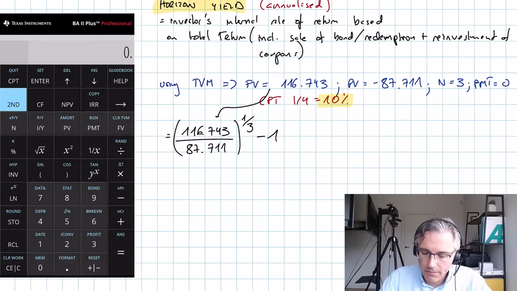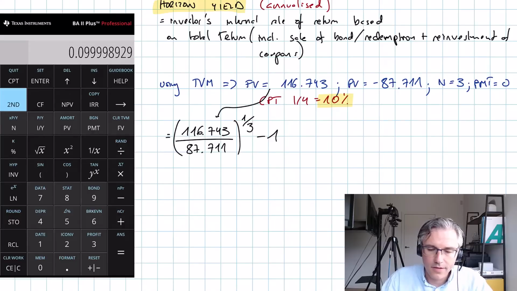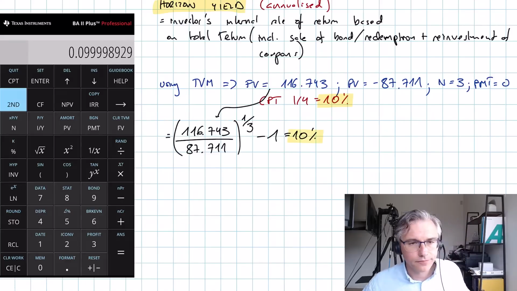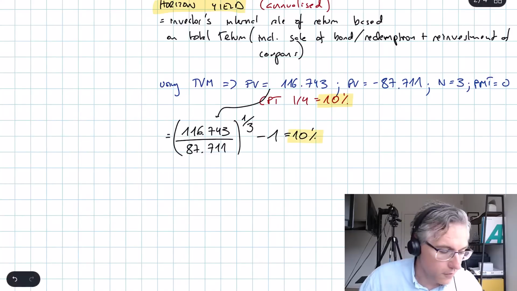Let's see what we get when we do this. 116.743 divided by 87.711 equals, raise this to the power of, open bracket, 1 over 3, deduct 1, and as you can see, it's the same 10%, right? Whichever way we calculate it, just choose whichever is more convenient for you.